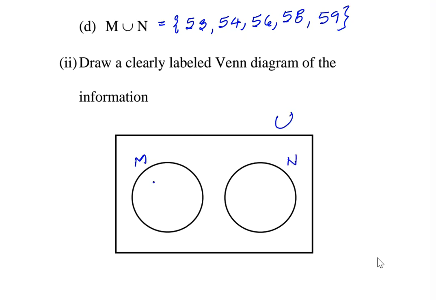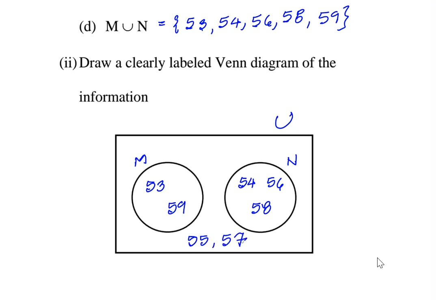The prime numbers are 53 and 59, and the even numbers are 54, 56, and 58. The numbers which are neither in M nor N are 55, and I think also 57.